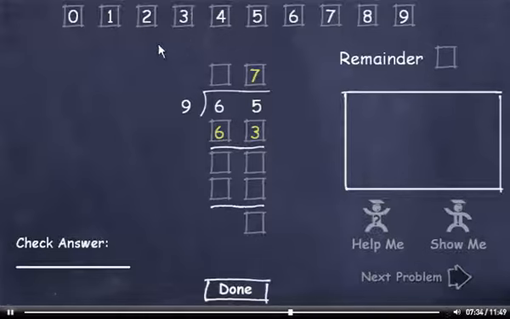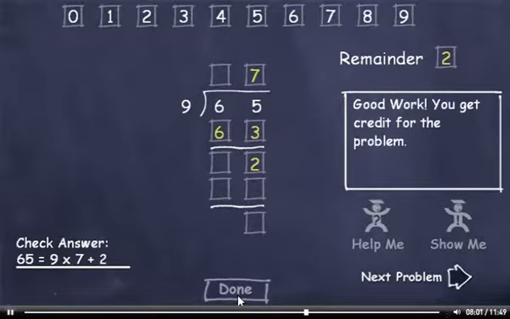Five minus 3 is 2. 6 minus 6 is 0. I'll put 2 in the remainder box. The answer is 7 remainder 2. Now I'll click the Done button and click the Next Problem button.